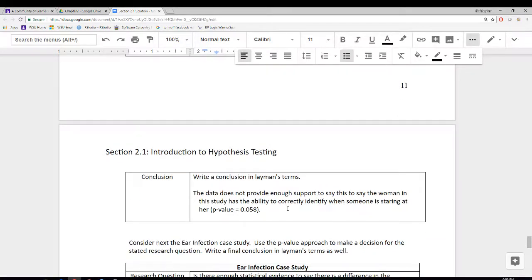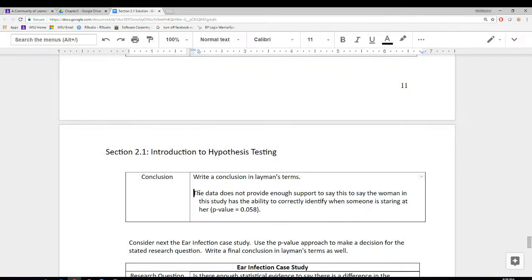How about a conclusion? In writing conclusions, we want to simply, in layman's terms, discuss what we've learned by completing our analysis. A conclusion can be divided up into three pieces. The data does not provide enough support.